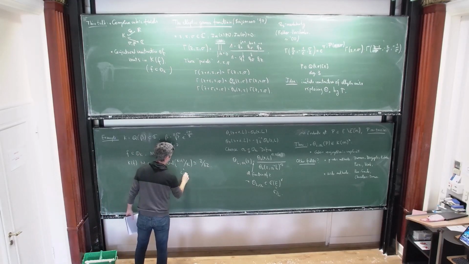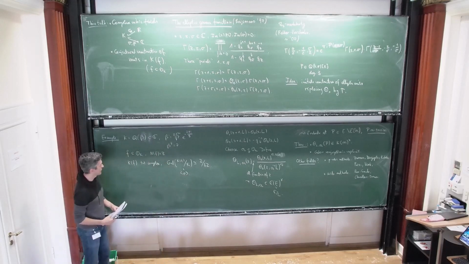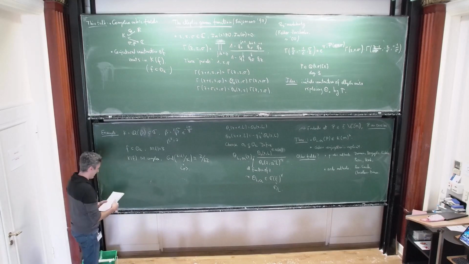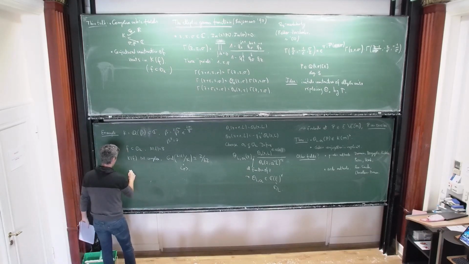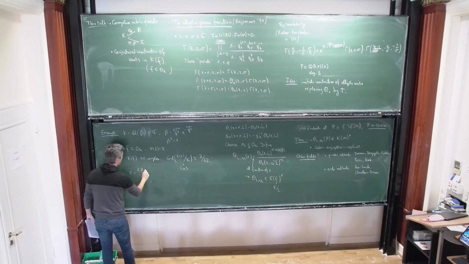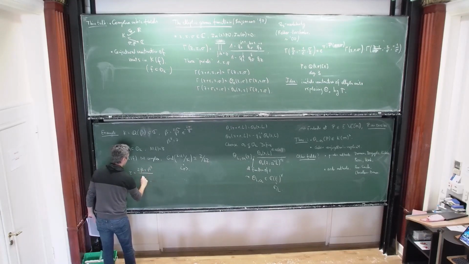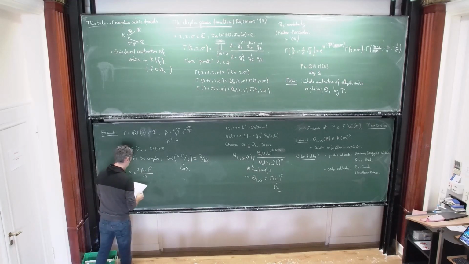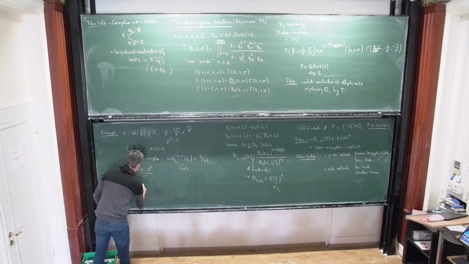And so I will take a generator of this group that I will call sigma. And now I'm going to look at the following. So I will take, for tau, 2 beta plus beta squared over 15. And for sigma, I will take minus 2 plus beta over 15.